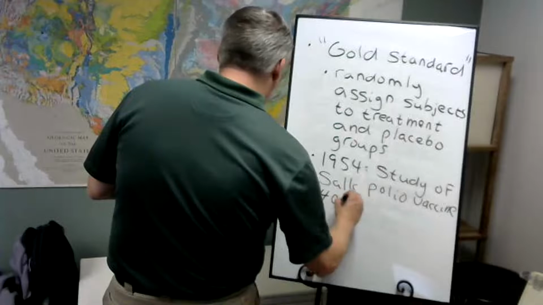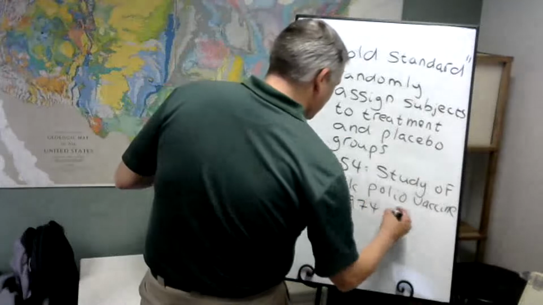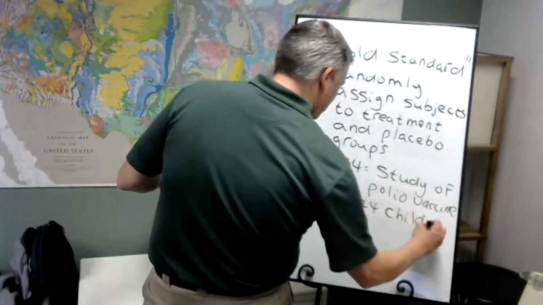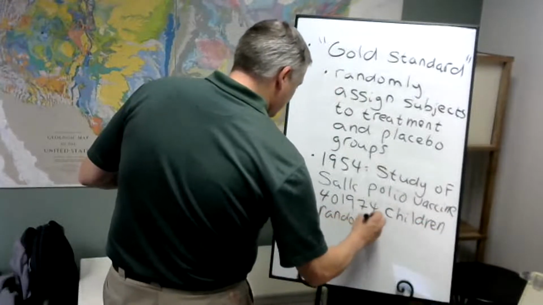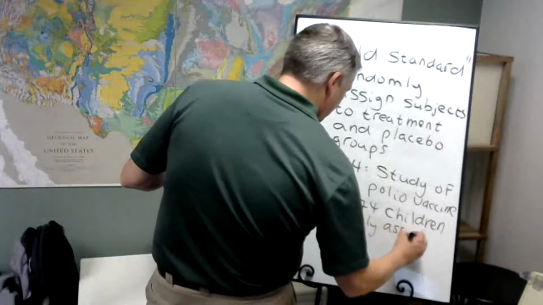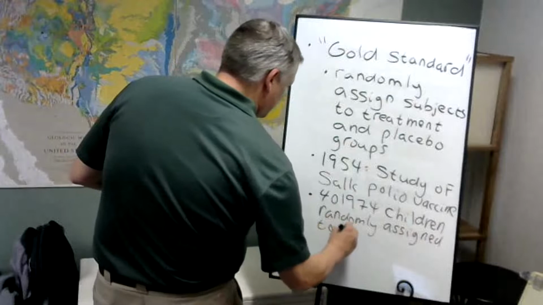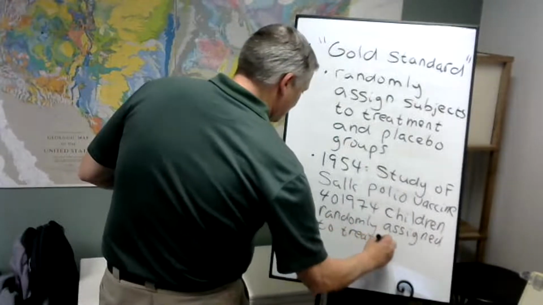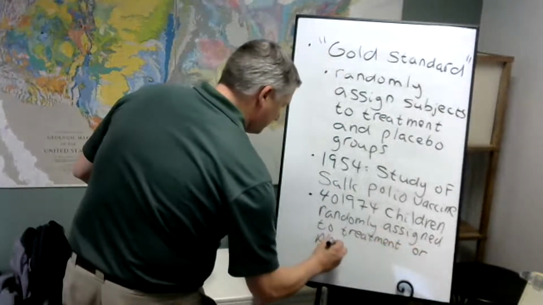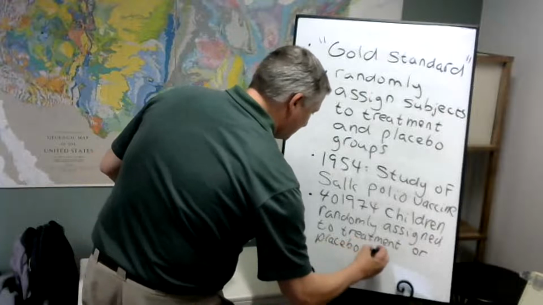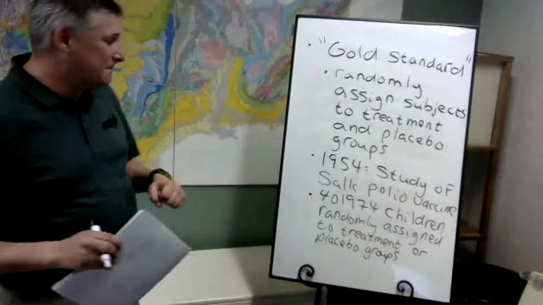There were 401,974 children randomly assigned to treatment or placebo groups. That's a lot of subjects.